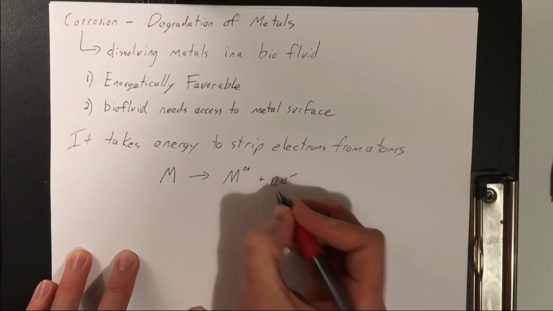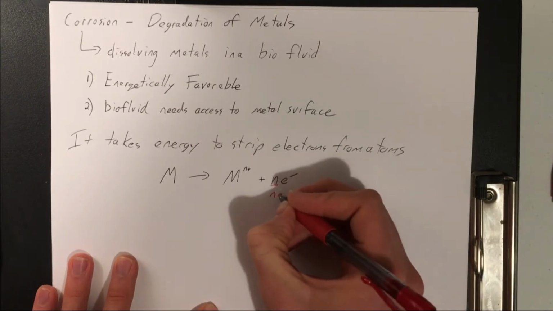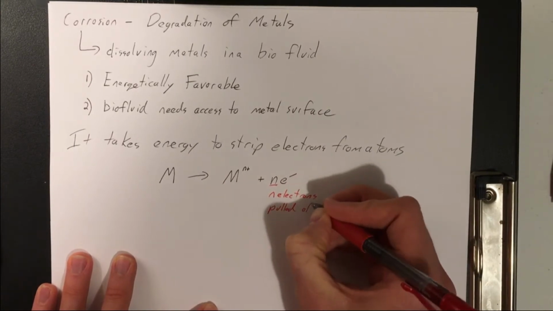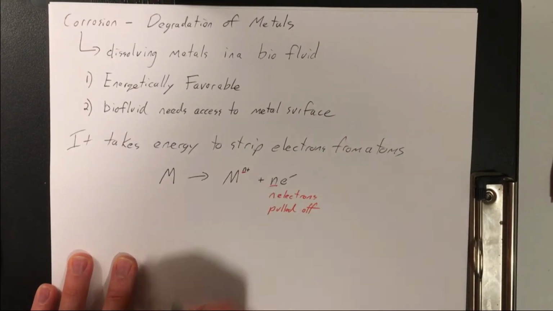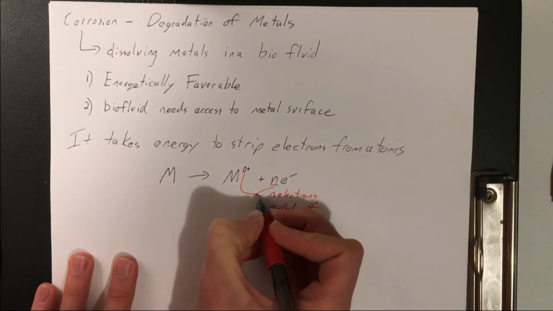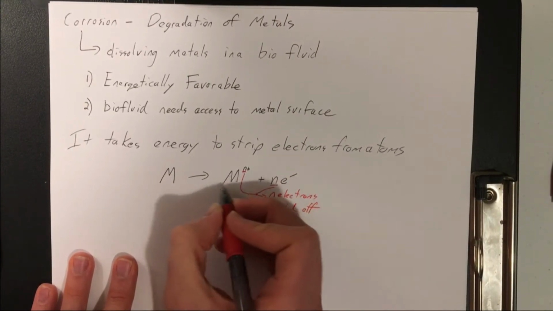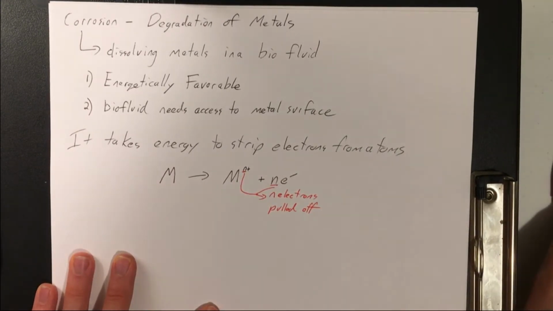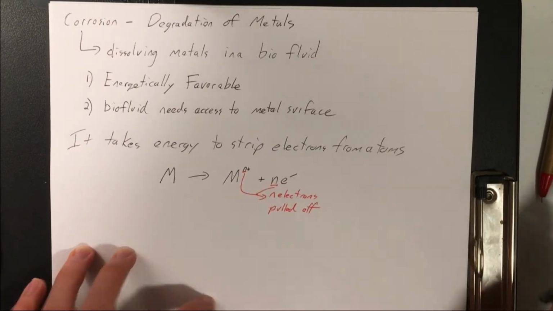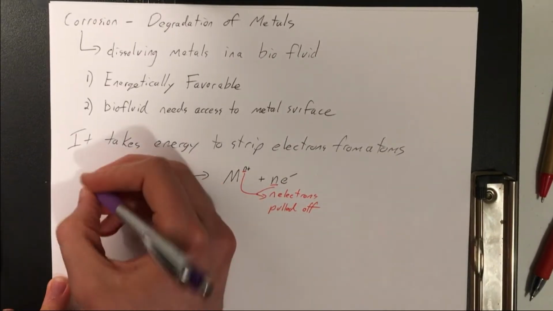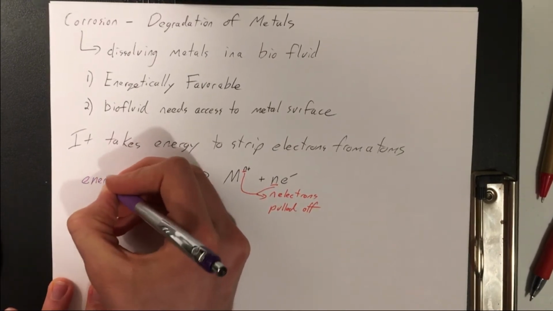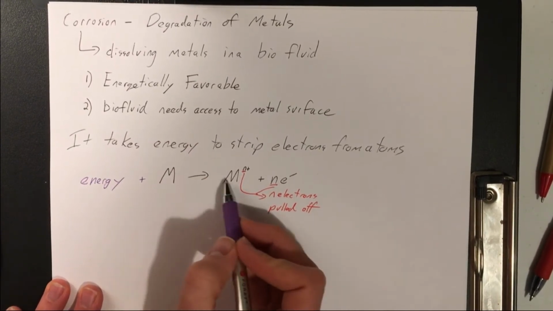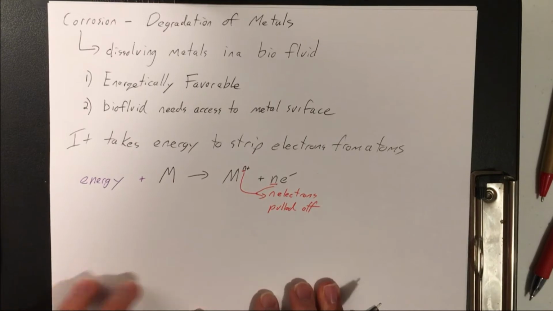So if there are n electrons pulled off, then by conservation of charge, the same n is the positive charge that the metal ion would take. But in order to pull these electrons off, we need something on the left-hand side, and this would be some energy. So we can think of some energy plus some metal atoms becoming metal ions and the stripped off electrons associated with it.